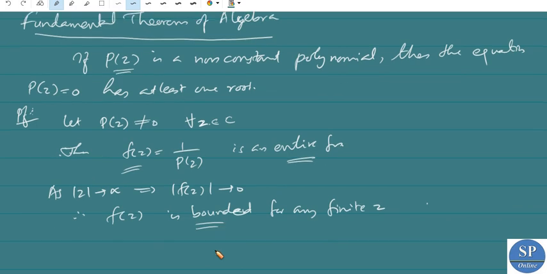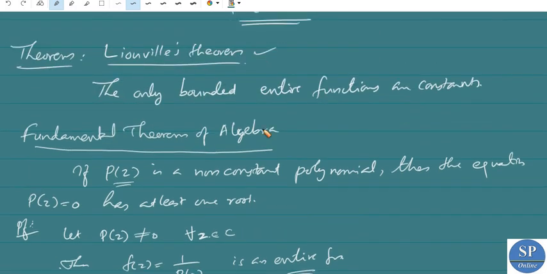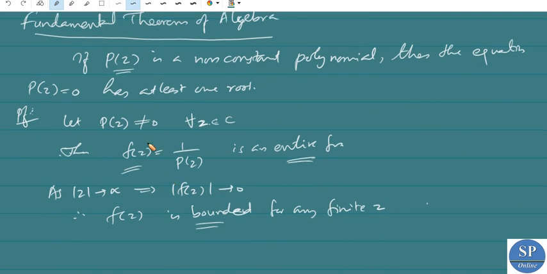So by Liouville's theorem, the bounded entire functions are constants. So f of z is a constant function because it is entire and bounded.